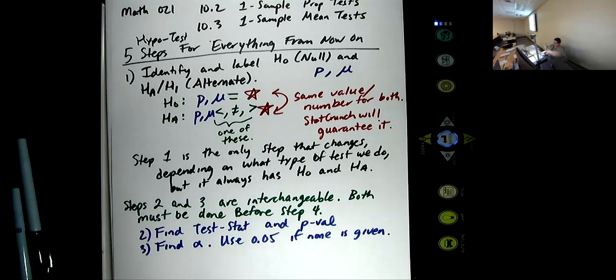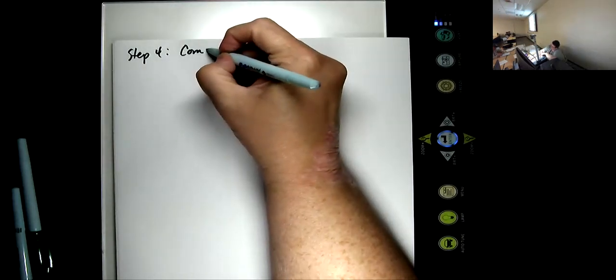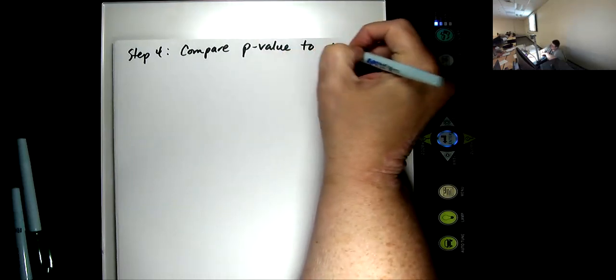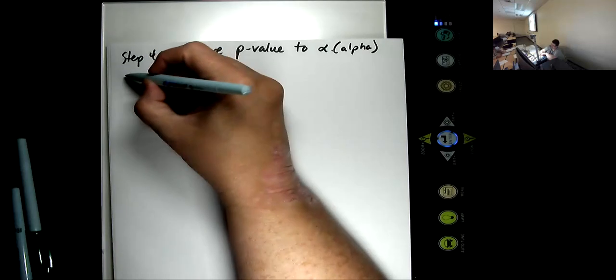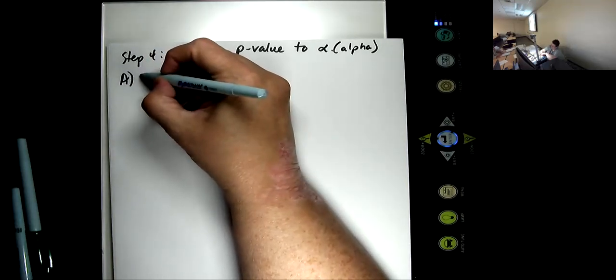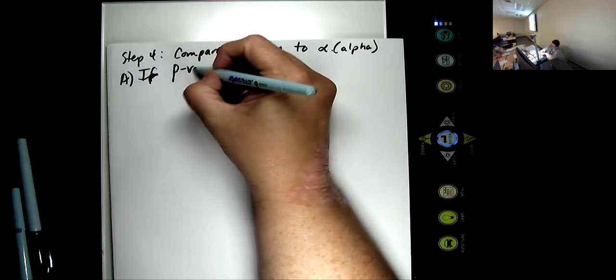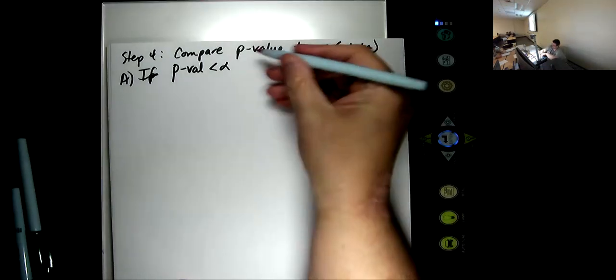All right, step 4. Step 4 is where we actually get to start doing some work. And it's simple work. Compare p-value and alpha. There's 2 possible outcomes. If p-value is less than alpha, then the p-value is too low.